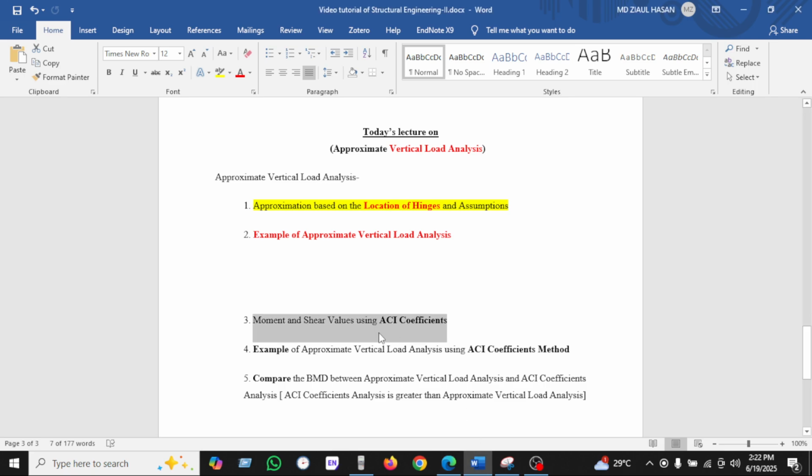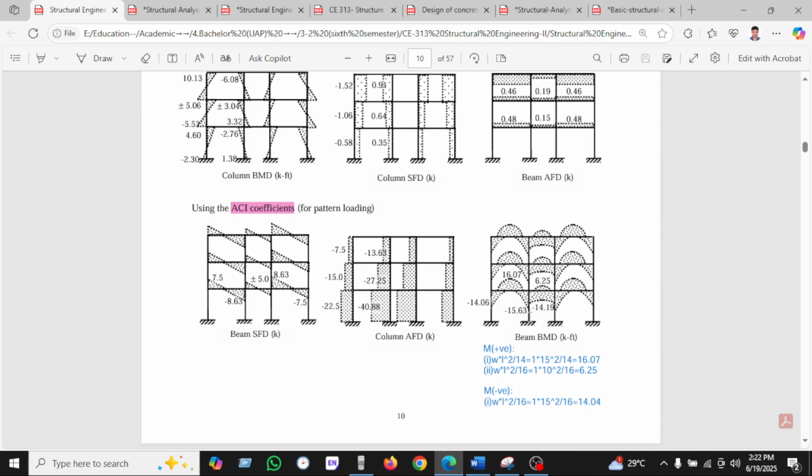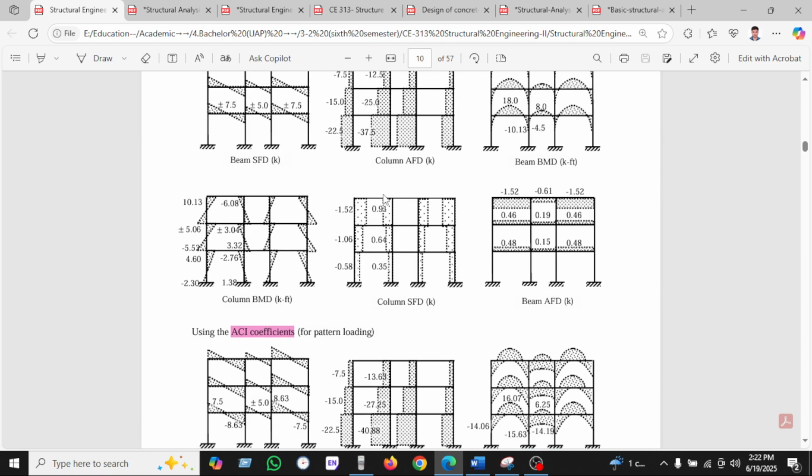I hope this is in depth, and the example is also in depth. Now we will compare the bending moment of the approximate analysis method and the ACI coefficient method, to see which is greater. Here is the ACI coefficient method beam bending moment, and here is the approximate method beam bending moment.